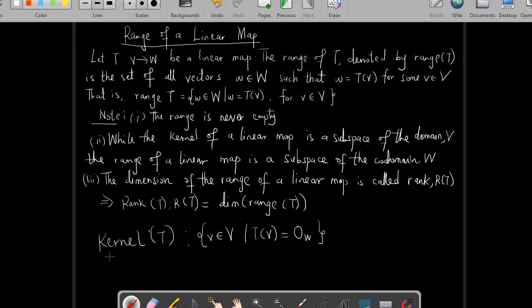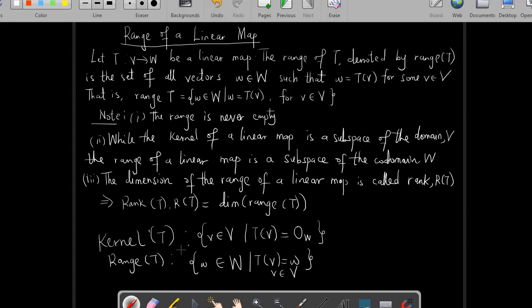And the range, on the other hand, speaks towards our codomain: w must be an element of capital W such that w equals T of v for every v being an element of capital V. So you can see the difference. I wrote them side by side so you can look at the difference between kernel and range.